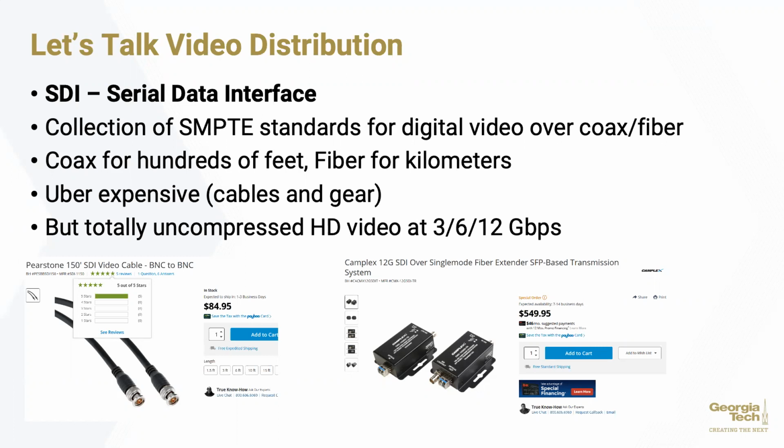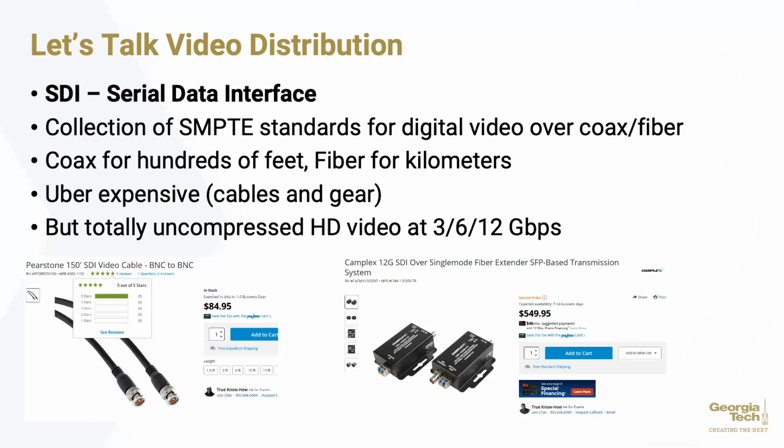Anywhere you're doing broadcast video, be it a sports arena or a television studio, these are the kinds of technologies that you're going to see. You can push large amounts of uncompressed video through hundreds of feet of coax in a very reliable way, and you can buy a media converter like you see here to switch over to single mode fiber, and you can really go for tens of kilometers at that point.